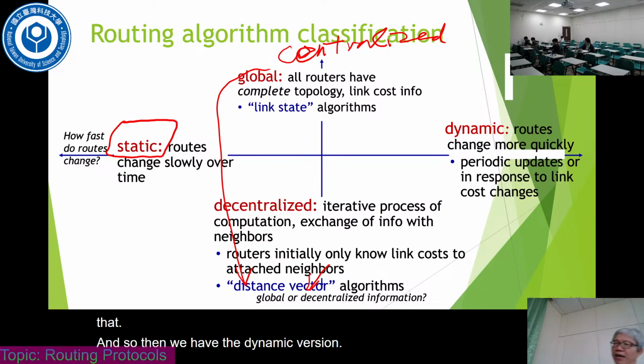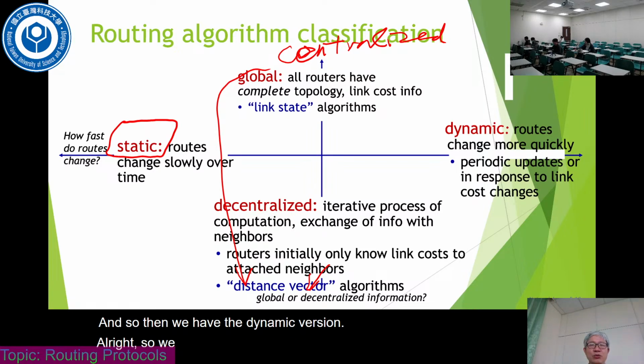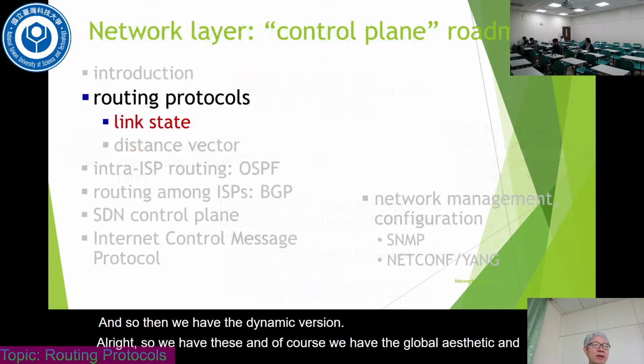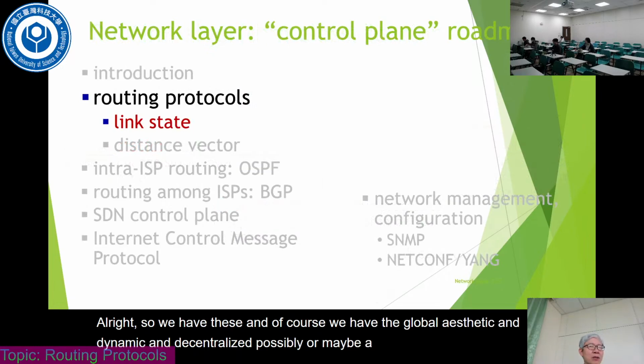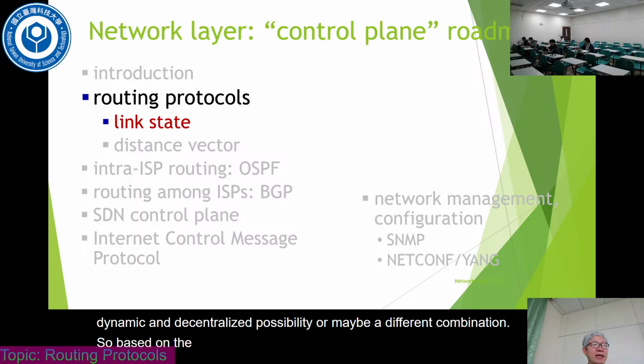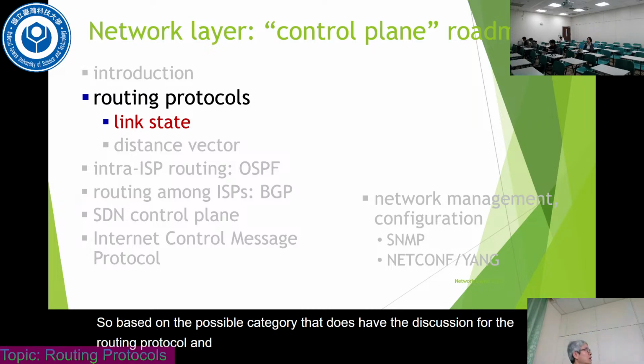All right, so we have these. And of course, we will have global or static, and dynamic and decentralized possibly, or maybe a different combination. Based on the possible categories, let us discuss the routing protocols. We start with the link state routing algorithm first.